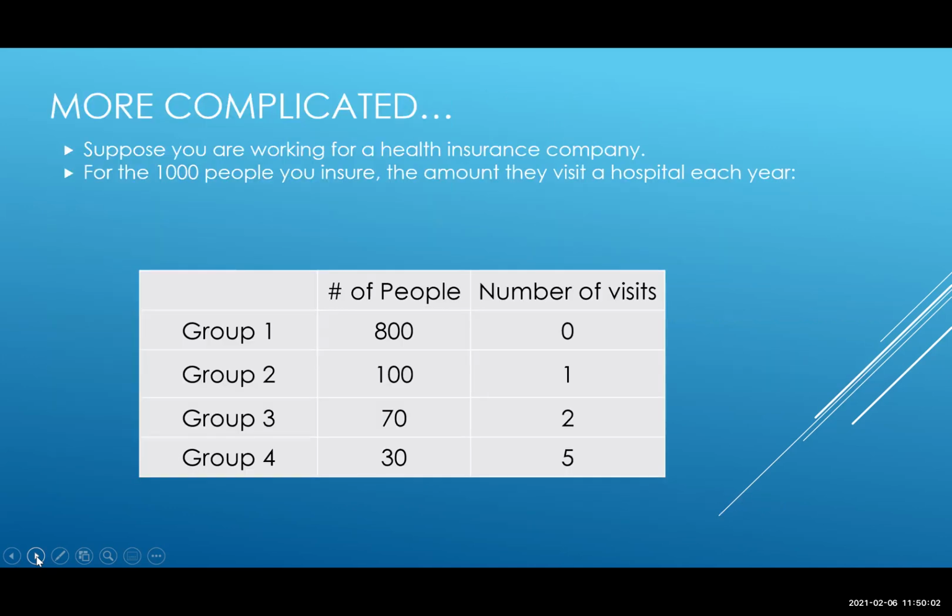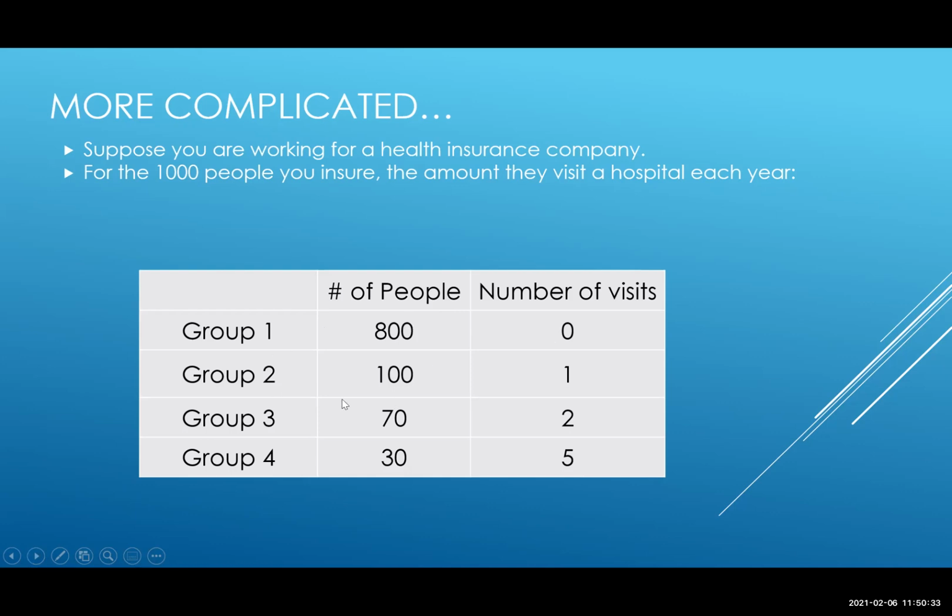Okay, so we're going to get a little more complicated. Suppose you're working for a health insurance company, and this is exactly how assignment 5 is. For 1,000 people you insure, consider the amount they visit the hospitals each year. In group 1, and these are maybe companies that they work for, there's 800 people, and none of them use healthcare.